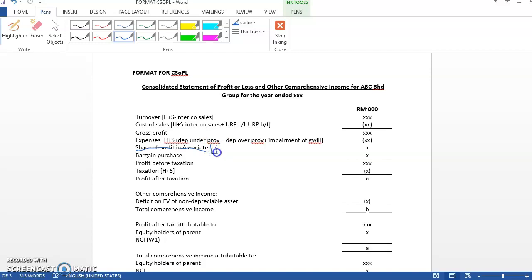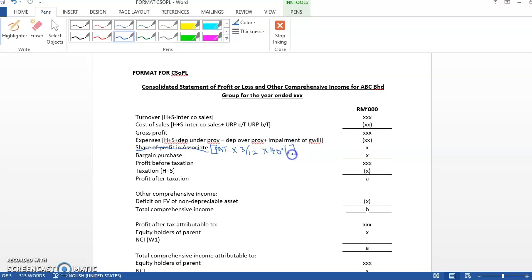So for example, profit after tax, okay, then if you have monthly, then you times months, for example 3/12 or 6/12, and then you will deduct your adjustment. If there is no adjustment, then you will times with the acquisition of associate, for example 40%, right?